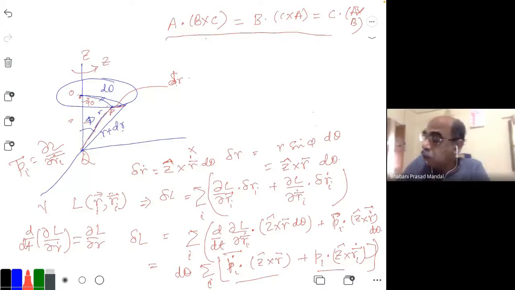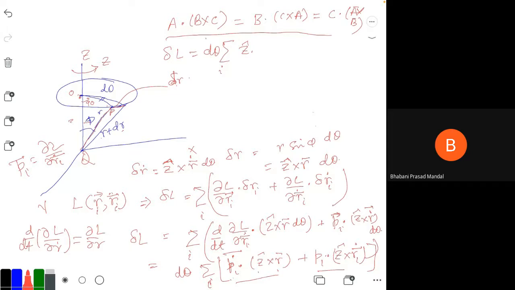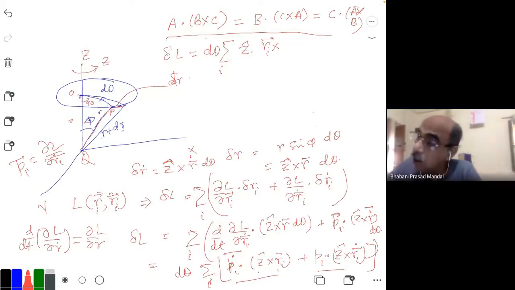So this term, this is my a, this is my b, this is my c. So let me write delta L can be written as d theta and then sum over i. So z will come first, so z dot, then r cross p, I am using ri vector cross pi dot vector.